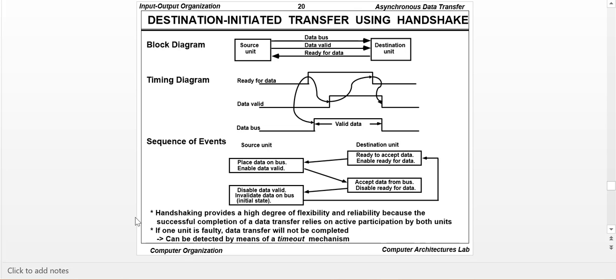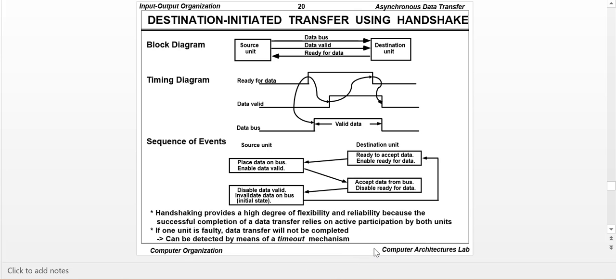And if one unit is faulty, let's say the data has to go to the output unit, which is your printer, and the printer is not switched on, what will happen? The CPU will wait for some time, there will be some delay. There is a maximum time that the CPU can wait, and there will be a timeout mechanism.